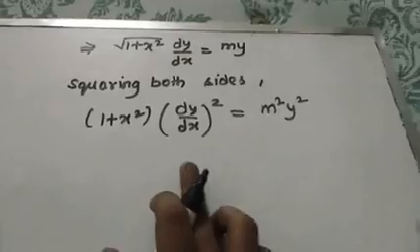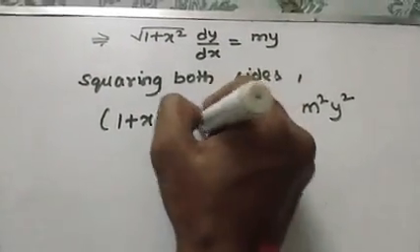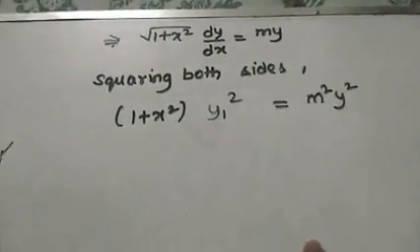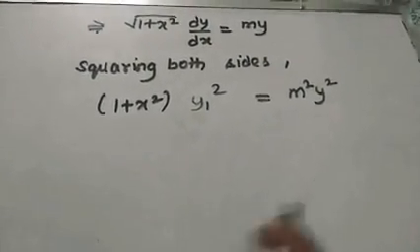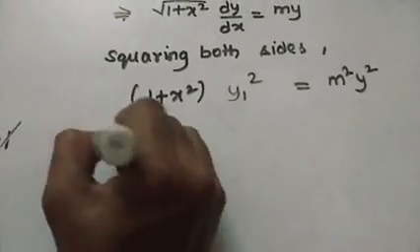And dy by dx, that is nothing but your y1. Dy by dx means your y1, and that whole square, that means y1 square. Clear?